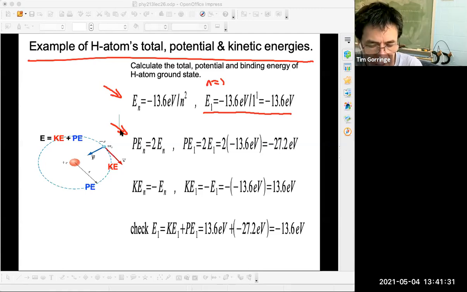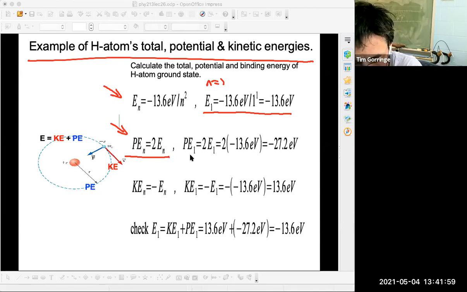What's the potential energy? Well, the potential energies and kinetic energies have an interesting relation to the total energy, the binding energy. The potential energy is actually twice the size of the binding energy. So for any allowed orbit, the corresponding electrical potential energy of that orbit is twice the total binding energy of that orbit.